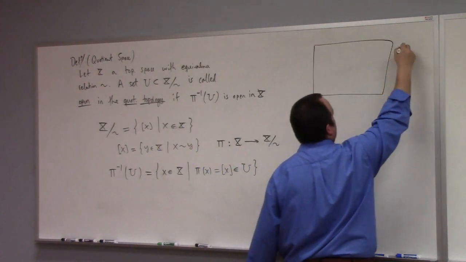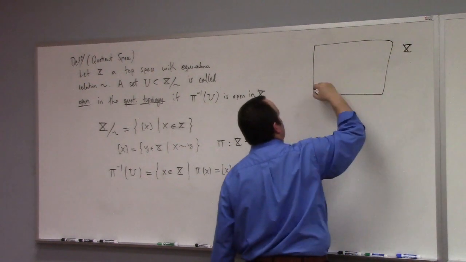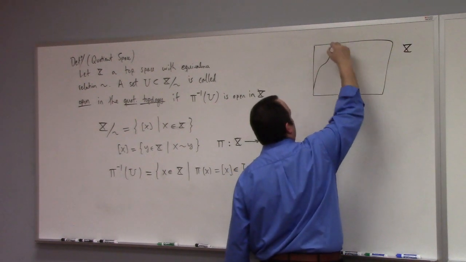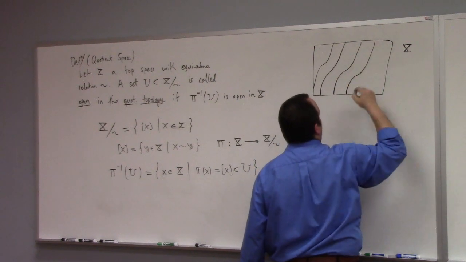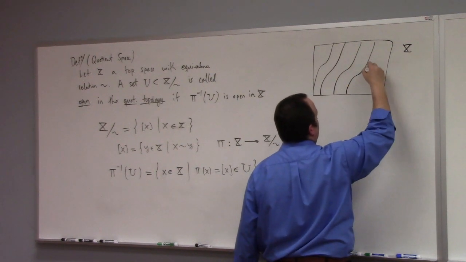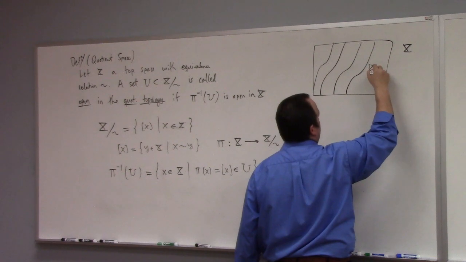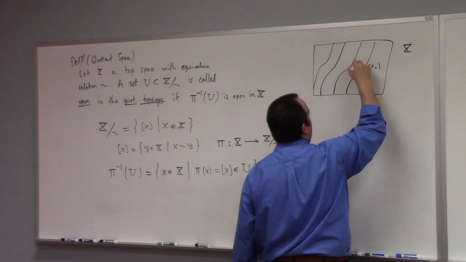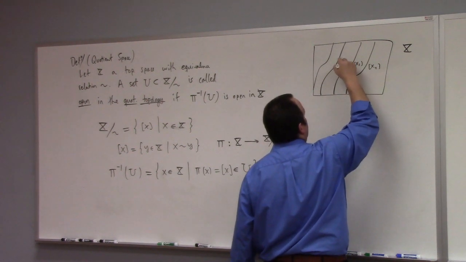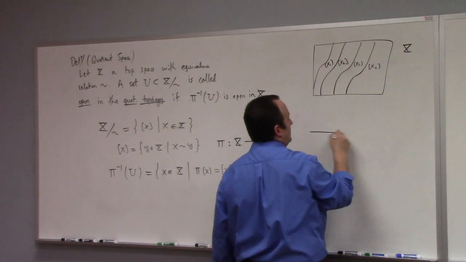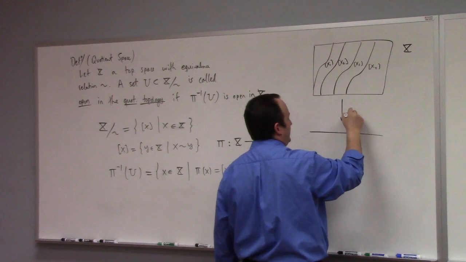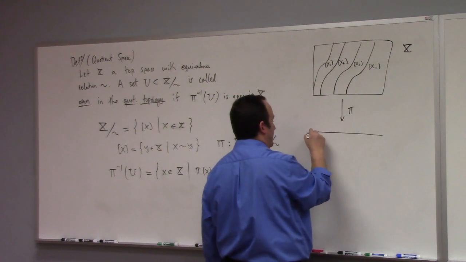So I think he has some pictures here. He's like, if X up here has these, some typical x4, here's x3, x2, x1, whatever, then you can view that in some sense as being down here, right?